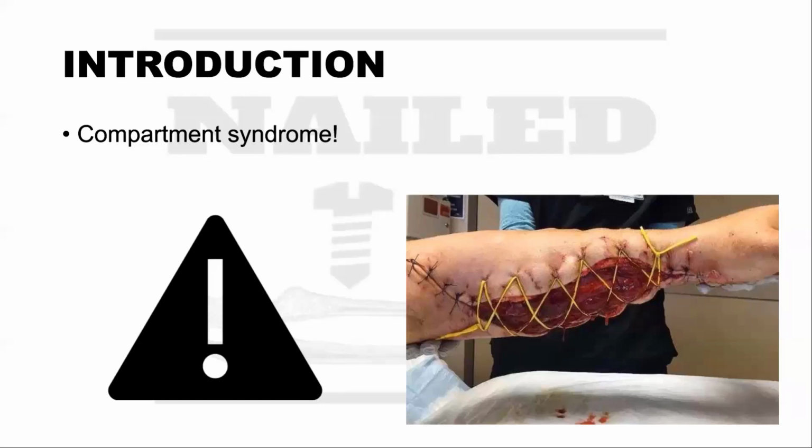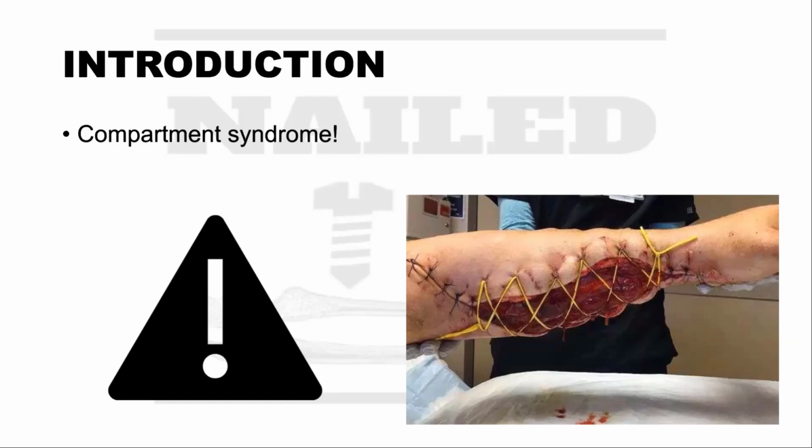We're always told, as medical students or even as residents on the orthopedic service, to have a high index of suspicion whenever you see someone with a high energy trauma. But this could also happen to someone who has low energy trauma as well. And it's an orthopedic emergency because if you don't catch compartment syndrome on time, it could have devastating consequences.